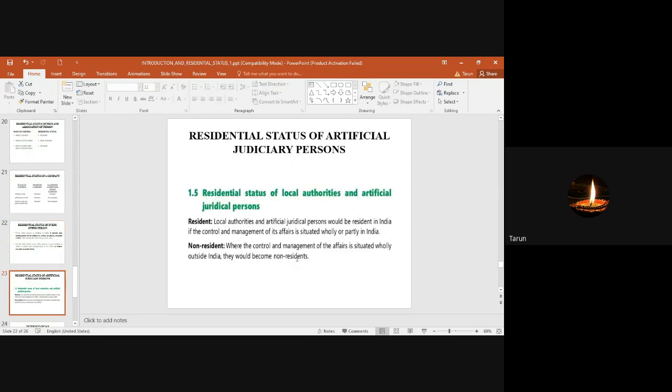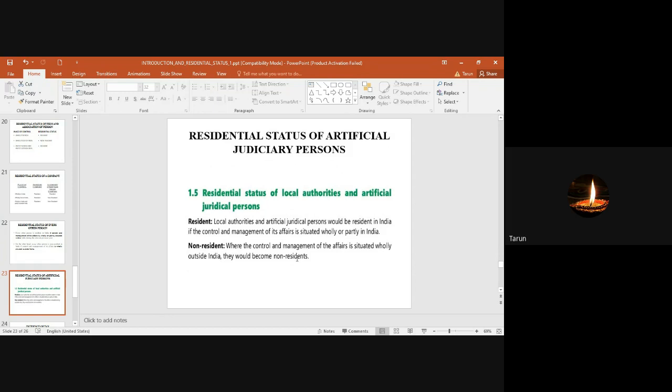Now we talk about the residential status of artificial juridical persons. It's the same here. This is already dictated and told to you on the previous slides. So it is very similar to the other persons, right? Categorizing into resident and non-resident, local authorities and artificial juridical persons would be resident in India if the control and management of its affairs is situated wholly or partly in India.